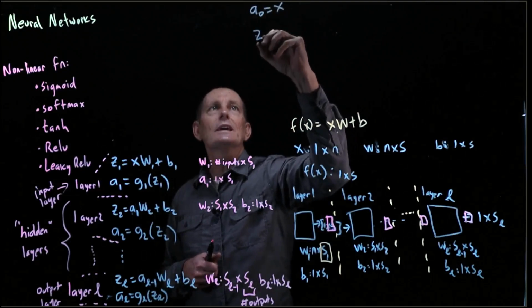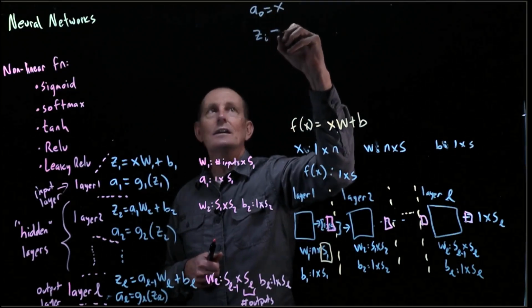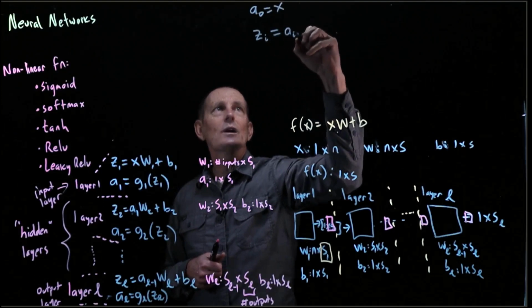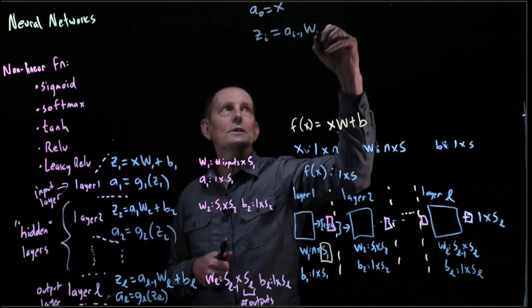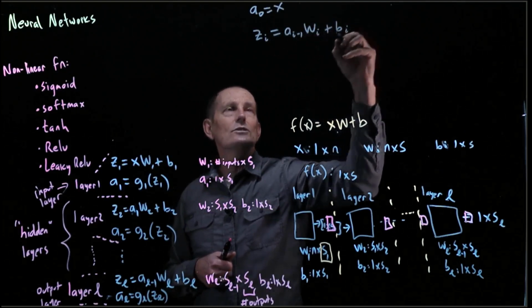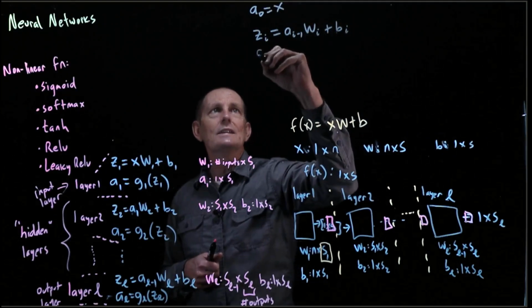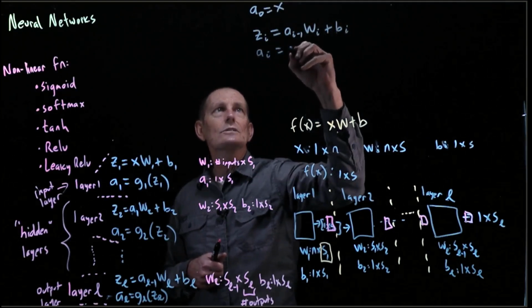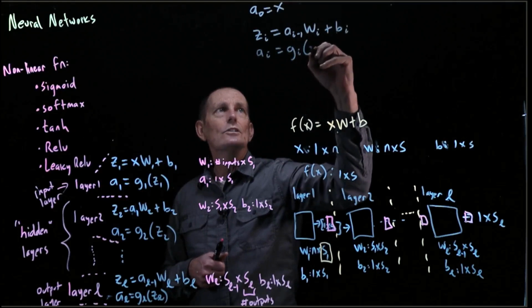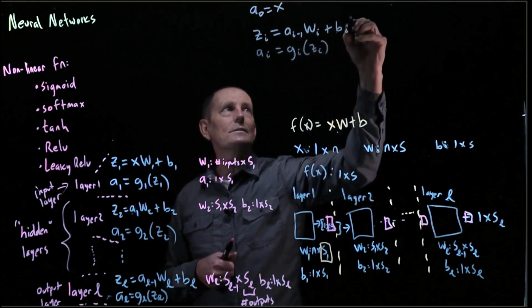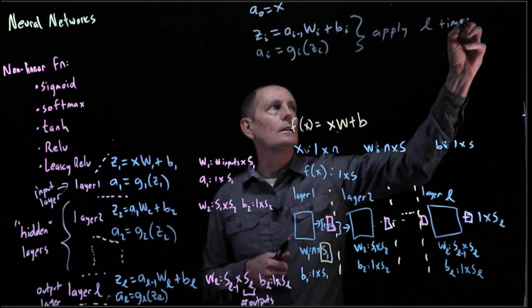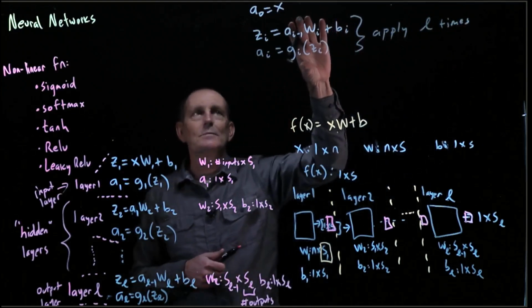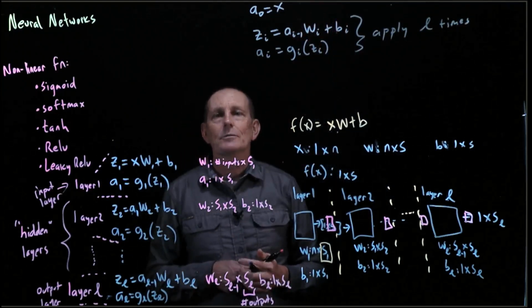Then Z sub I equals A sub I minus 1 times W sub I plus B sub I, and A sub I equals G sub I at Z sub I. We can apply this L times, and that gives us our final result.